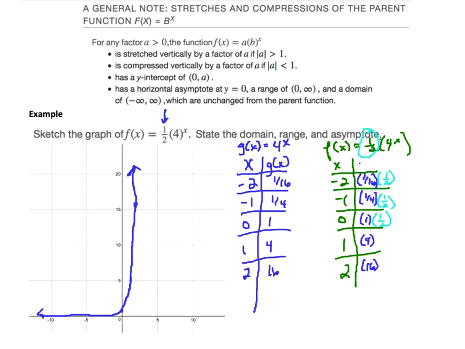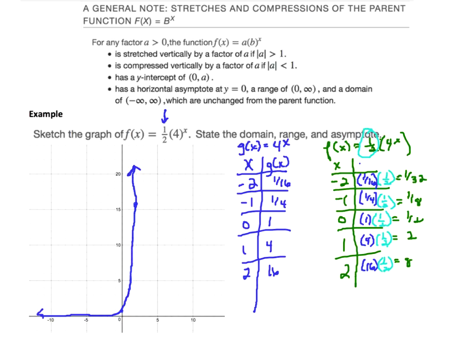So it should make sense that since each of those values are getting halved, they're going to be smaller. So it's going to compress it down towards the x-axis. So I get new output values of 1/32, 1/8, 1/2, 2, and 8.